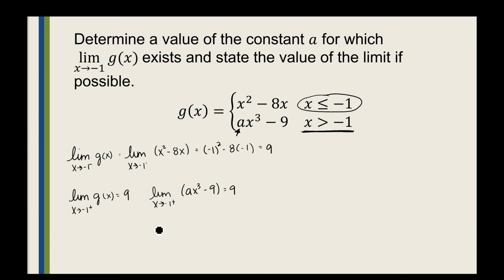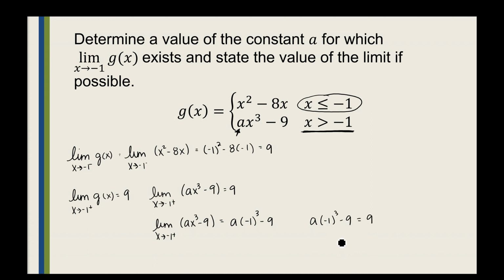And so if we look at the limit as x approaches -1 from the right of ax cubed minus 9, we can evaluate this by direct substitution because it's a polynomial. So if we plug -1 in for x, we would have a times -1 cubed minus 9. And we want this to equal 9.